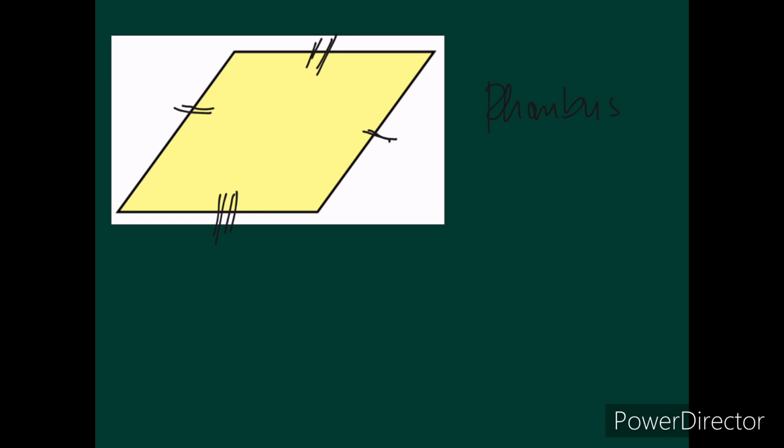And its opposite angles also have the same measure. So this angle is opposite to this angle, which has the same measure, and this angle is opposite to this angle, which also has the same measure. So that is a rhombus.